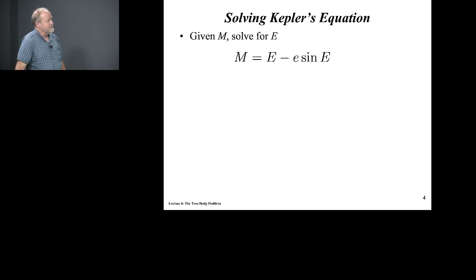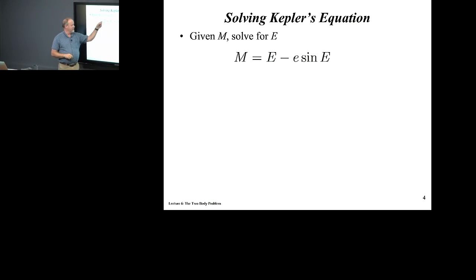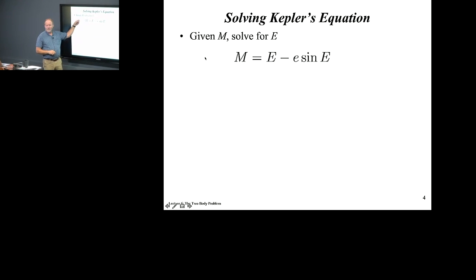So this, of course, is the famous Kepler's equation. We use this in a couple of different ways. We use it both when we're transforming from position and velocity to orbit elements and from orbit elements back to position and velocity. If you have a set of orbit elements, you can compute the eccentric anomaly, stick it in here and get the mean anomaly, and then solve for time by knowing the mean motion, because remember, the mean anomaly is the mean motion times time past periapse.